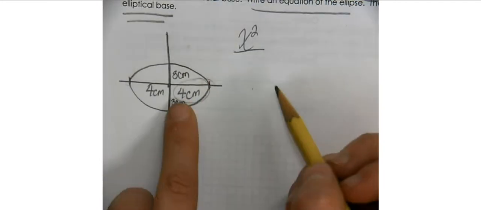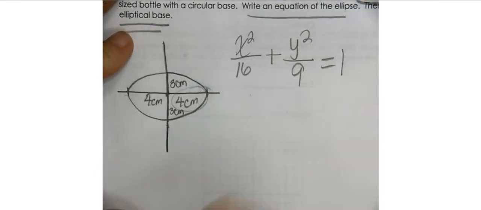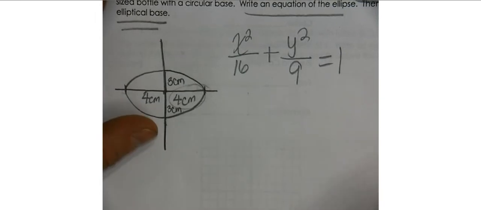So I'm going to say that in my equation, we're going to assume that this is centered at 0, 0. I'm going to be working with x squared divided by, and it's going to be along my horizontal, I'm going to square 4, and that's going to make that 16, plus y squared divided by, along my vertical, that's 3. 3 squared is 9 equals 1.